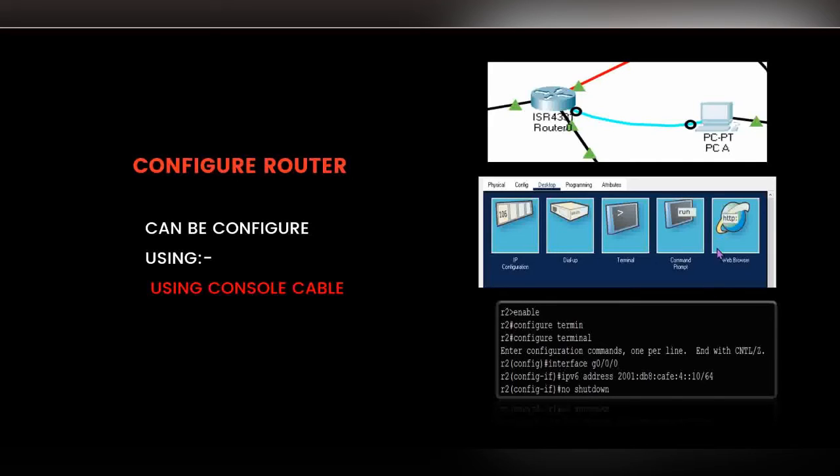For example, we can just enable, and the same command as before, we need to configure terminal because we want to configure the IPv6. Then we choose the interface that we want, and then we type the IPv6 address. We can also put, for example, IPv4, where we just need to remove the v6.